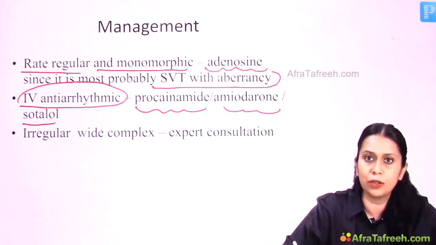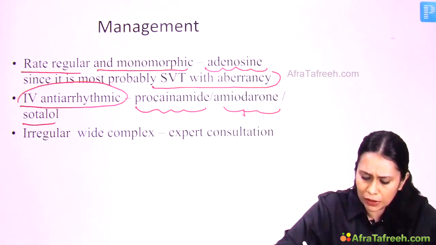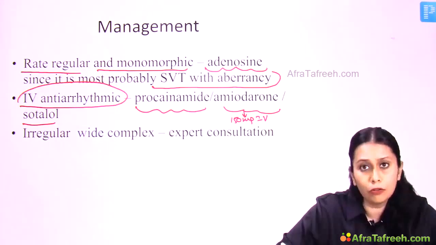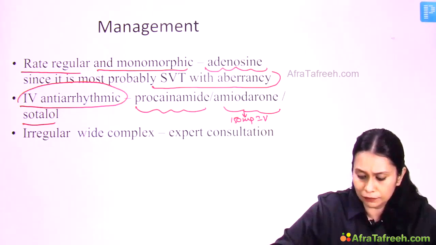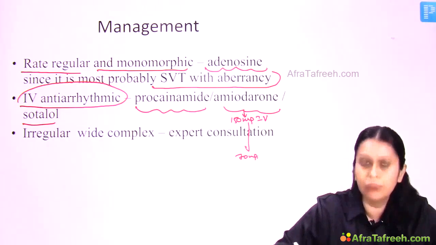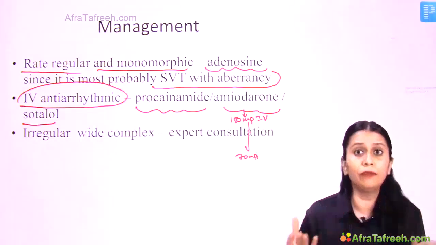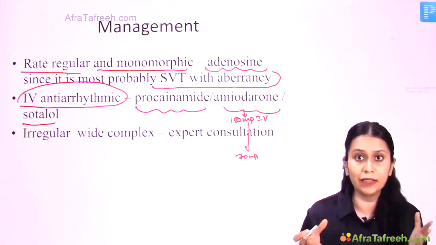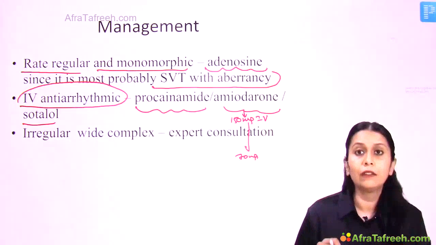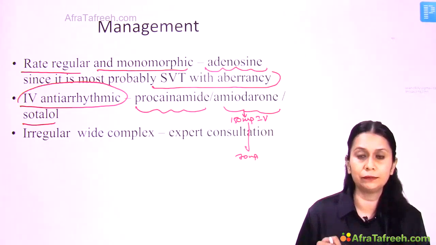Amiodarone is most popularly used. We give a loading dose of 150 mg IV followed by a 70 mg infusion, right? Irregular wide complex tachyarrhythmia, if at all it is stable, which would be a very rare circumstance, we would go for expert consultation, right?